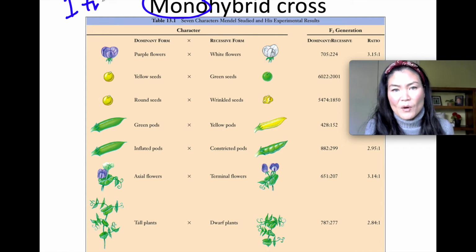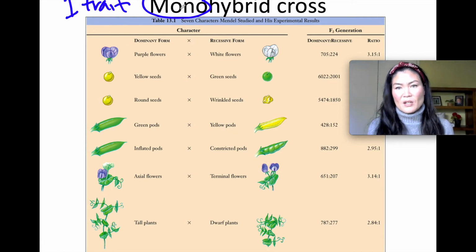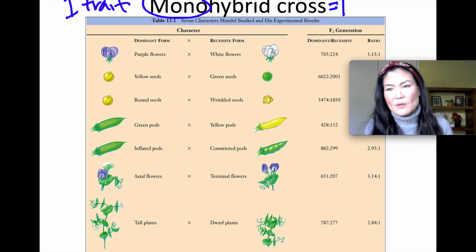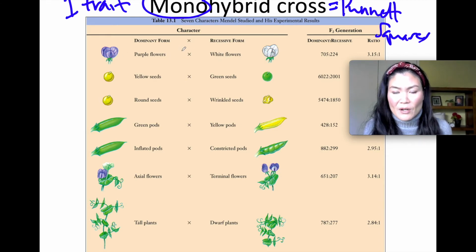So we're going to be looking at flower color, seed color, texture of the seeds, round versus wrinkled, the color of the pods, green versus yellow, the shape of the pods, inflated versus constricted, axial flowers versus terminal, where the flower is located on the stem, and then the length of the stem, tall stem, short stem.